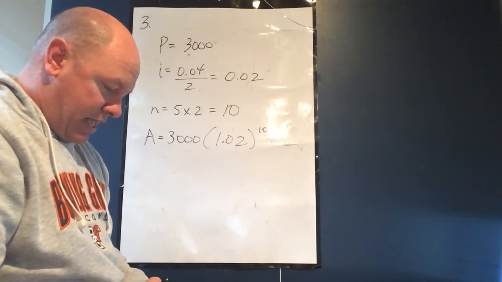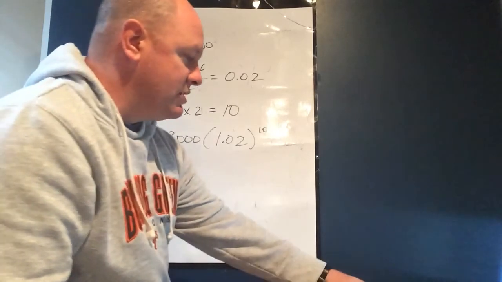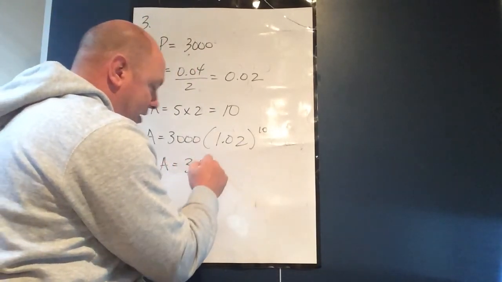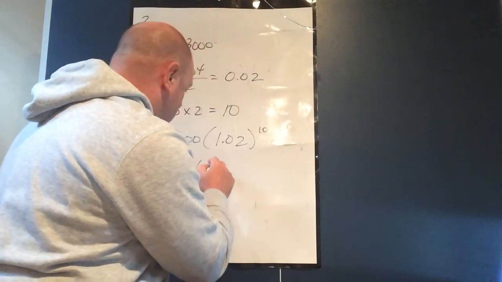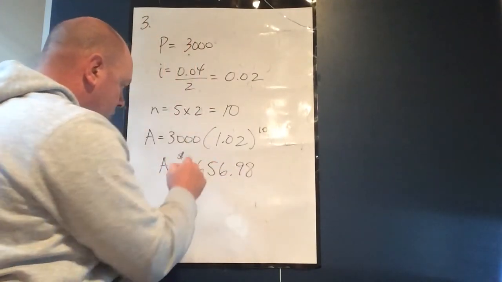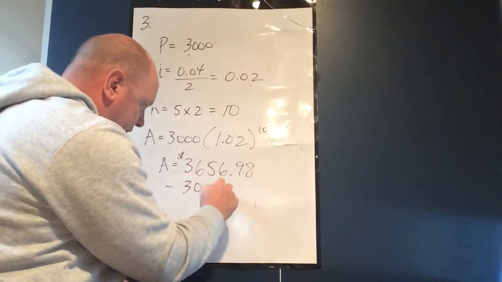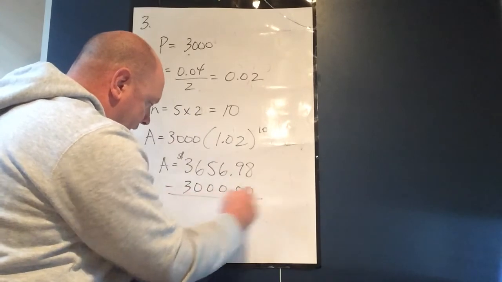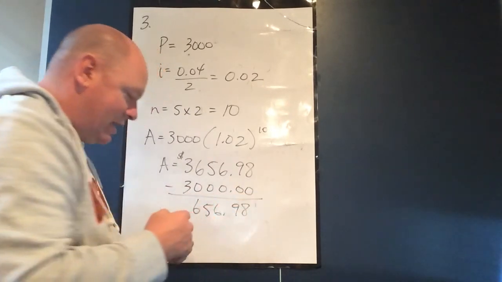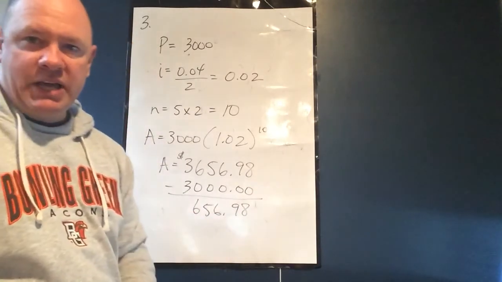To the exponent 10, multiply that by 3,000, and it's $3,656.98. So take this number, subtract her 3,000, and we're looking at $656.98 she made as her interest in the 5-year time.